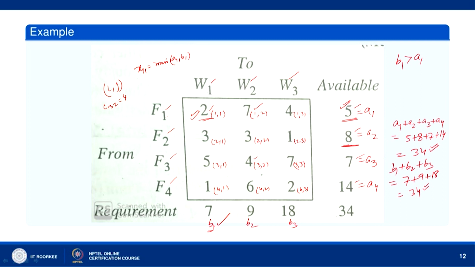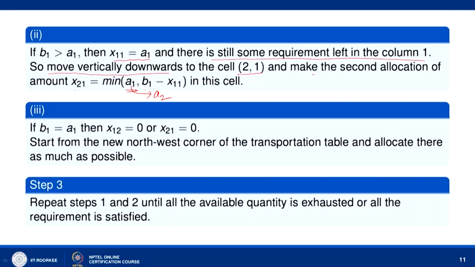So, we can omit the first row or the first column, because we have already allocated the amount required by the warehouse W1, and the amount available at source 1 is also exhausted. We will cross out the first row or the first column, but not both. So, if B1 equals A1, then x12 or x21 equals 0.